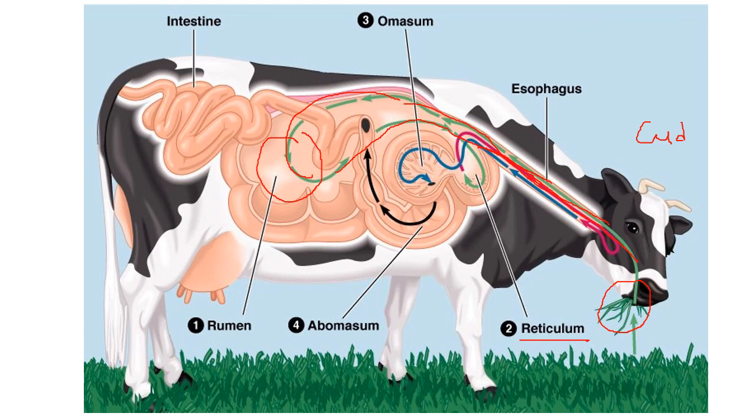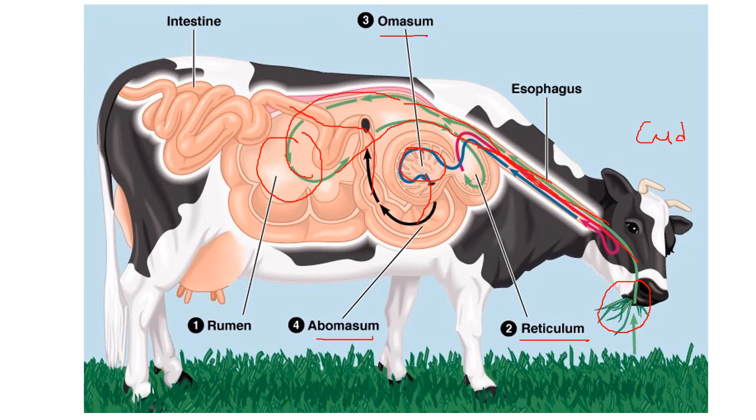After that, it goes to the next part, where all the liquid and water part will be absorbed, and the remaining useful food will go to the main stomach, which is called the abomasum. In the abomasum, the food is digested properly.